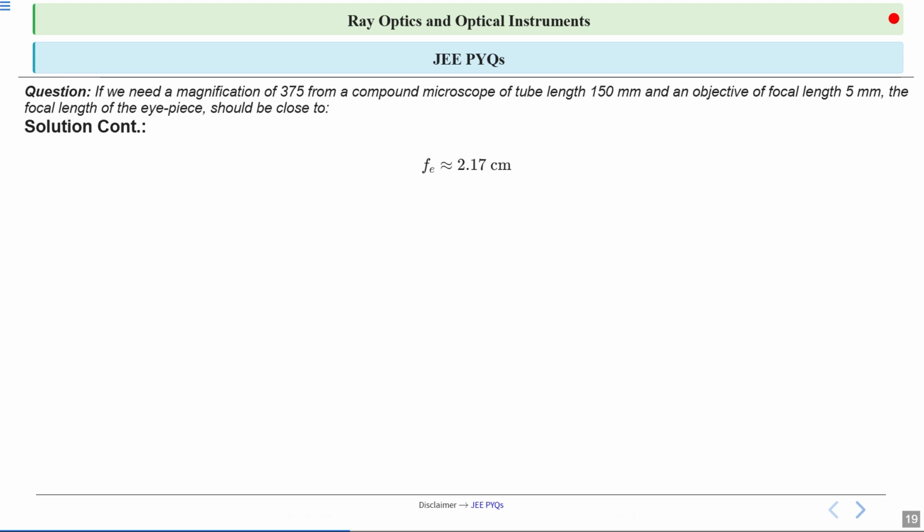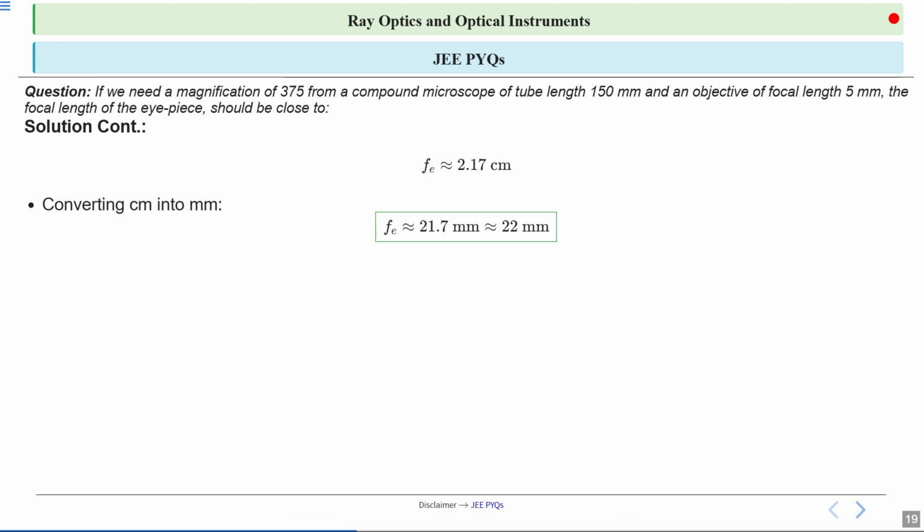So the calculated focal length of the eyepiece is approximately 2.17 centimeters. Converting centimeters into millimeters, 1 centimeter is equal to 10 millimeters. So the focal length of the eyepiece is approximately 21.7 millimeters.